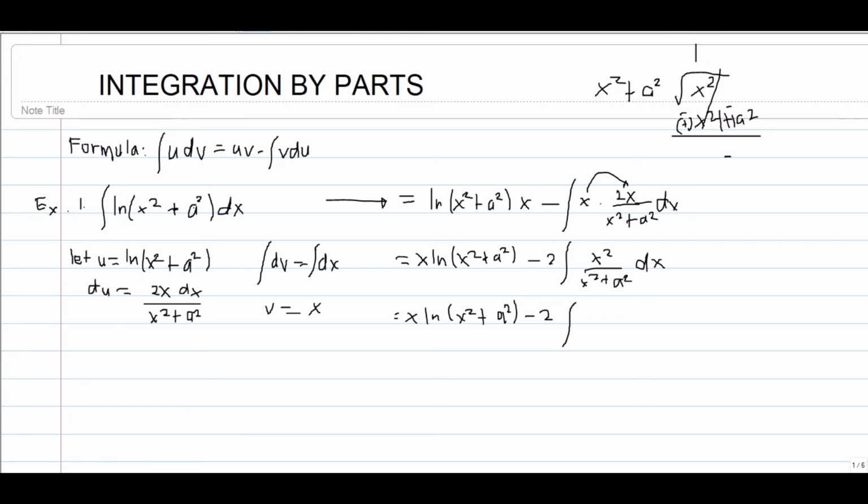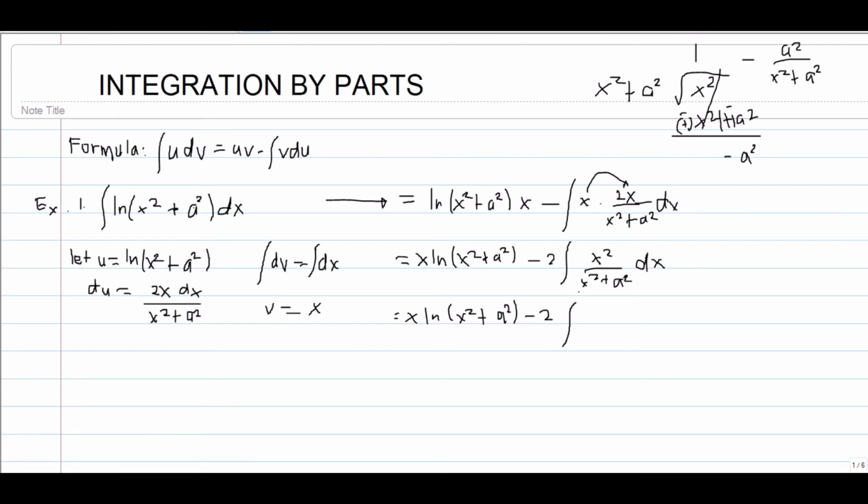The remaining is negative e squared, so the remainder is negative e squared over x squared plus e squared.